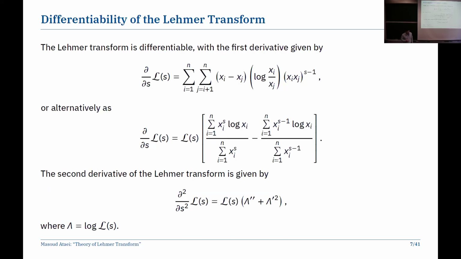Yes, I will ask a question. I certainly see some similarities, and not, with, say, the Legendre transform. Are there some convexity topics for this transform? There is actually a convexity property I will cover. Yes, I will mention the convexity property. In the last formula, for lambda double prime plus lambda prime squared.